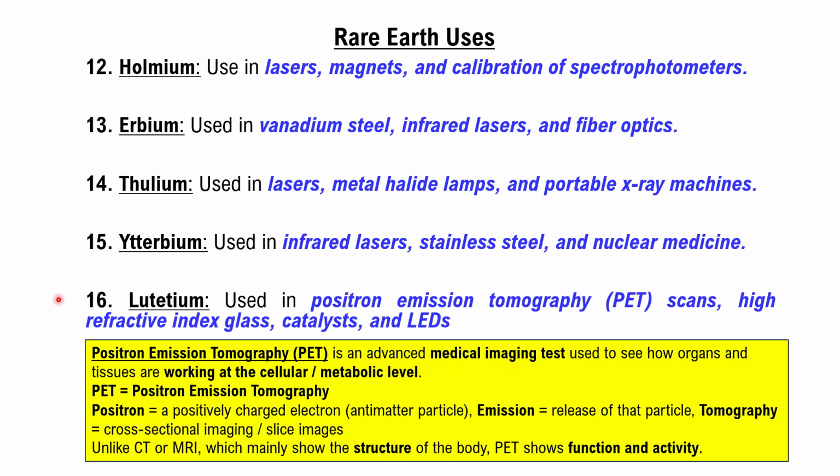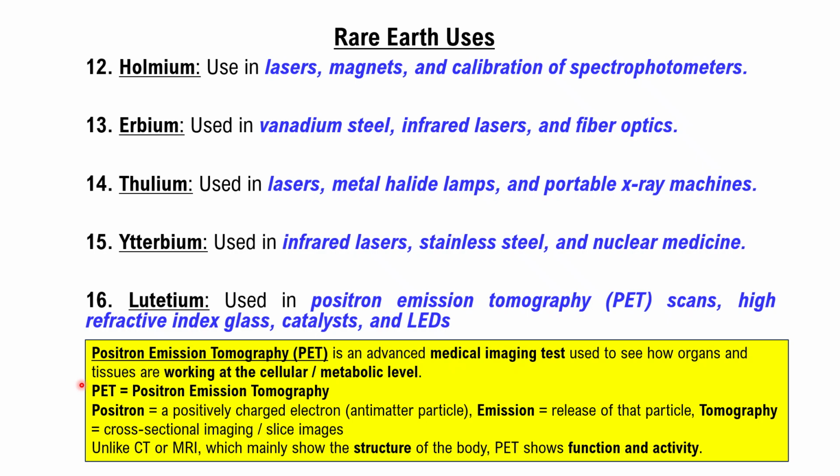This one is used in positron emission tomography, PET scan, high refractive index glass, metal halide lamps, and LED. This is very important because it is used in PET, which is an advanced medical imaging test used to see how organs and tissues are actually working at the cellular, that is, metabolic level.